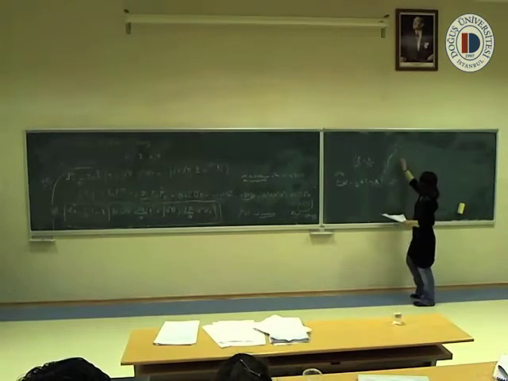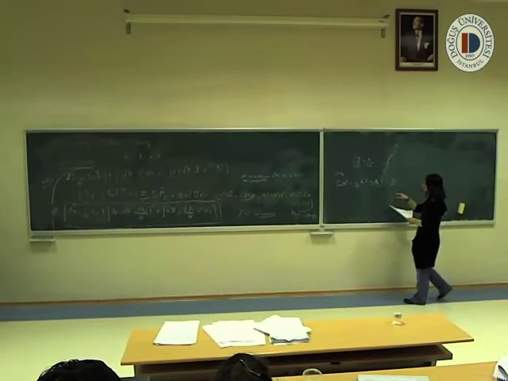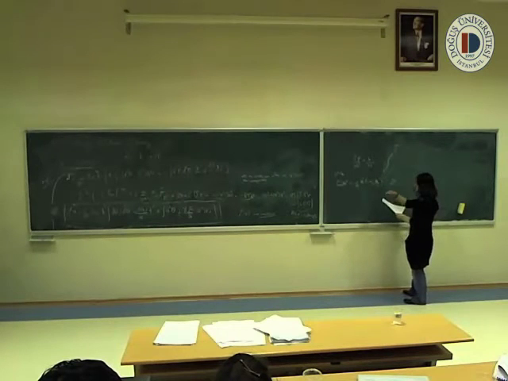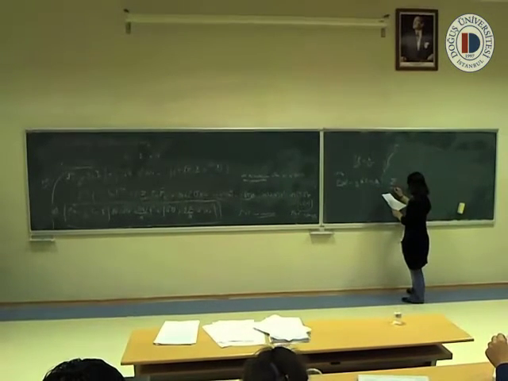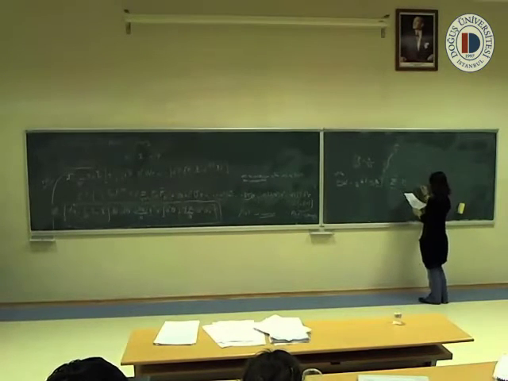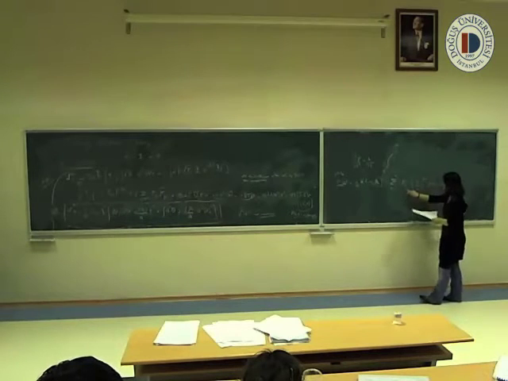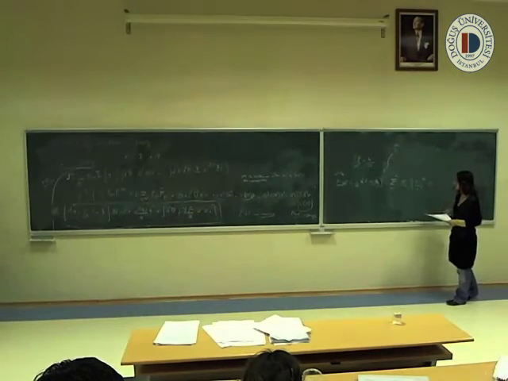This lambda is not this lambda, so let's distinguish. If you write down the generic form of the prepotential, this would be the one-loop part, which is also the full story in perturbation theory, plus some tower of corrections. The F_k are just some numbers, and they appear in this expansion.